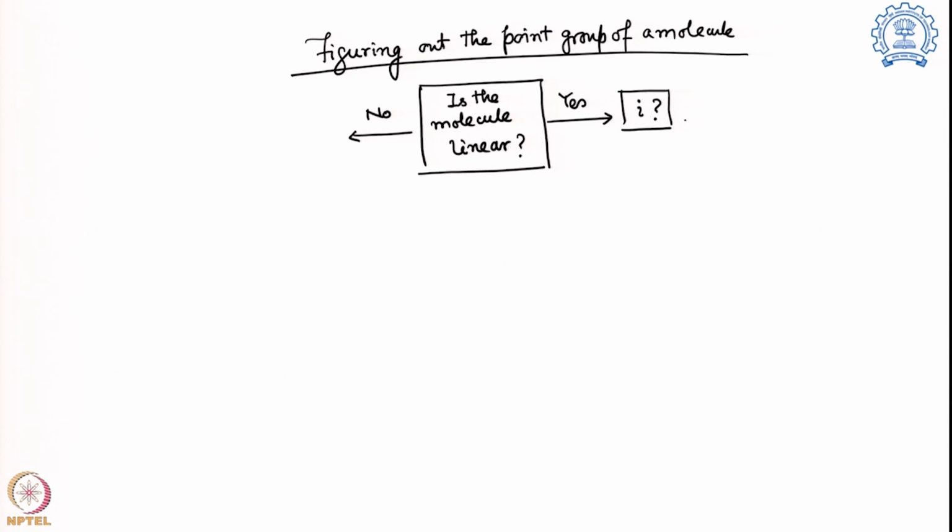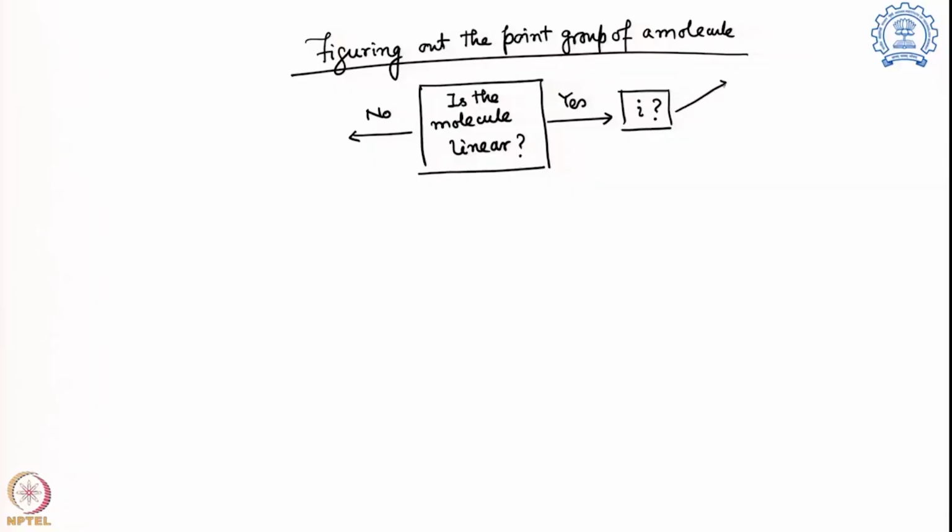Because in D infinite H both sides of the line are similar, it is a centrosymmetric molecule, whereas C infinite V is linear, but both terminals are not the same. So, with respect to this question I can separate them out.